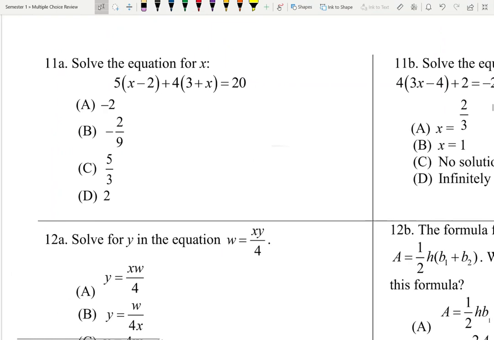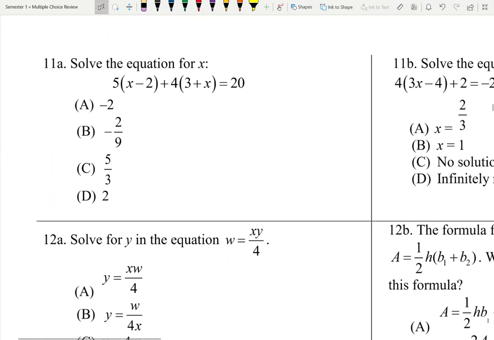11a, solve the equation for x. So we need to simplify this first. So distribute. Let's get out of red and go to black. So this would make 5x minus 10. 4 times 3 would make plus 12, and 4 times x would make plus 4x equals 20. We want to combine our like terms.